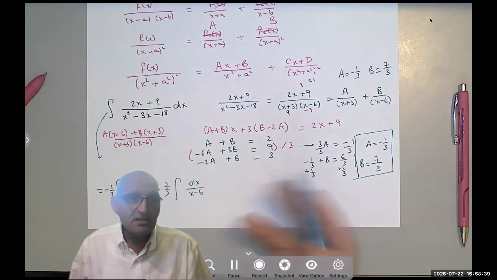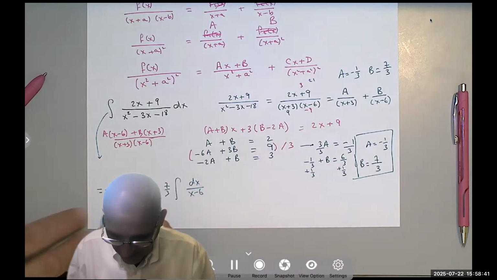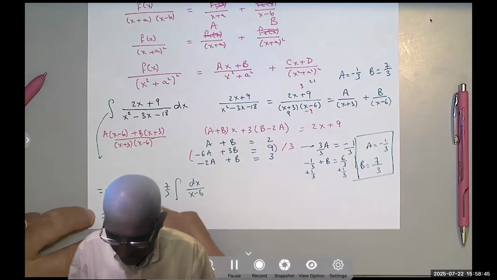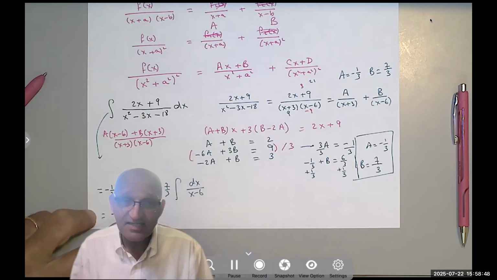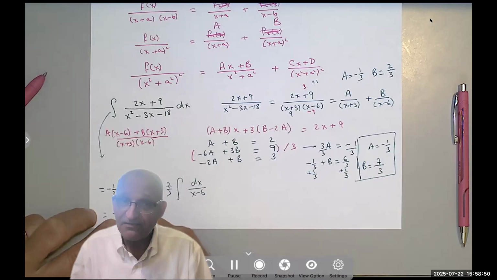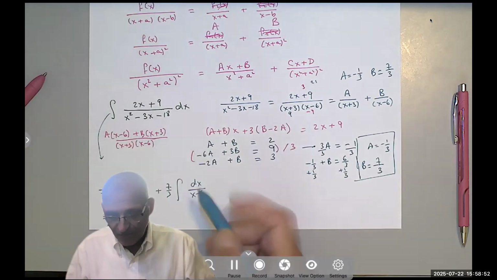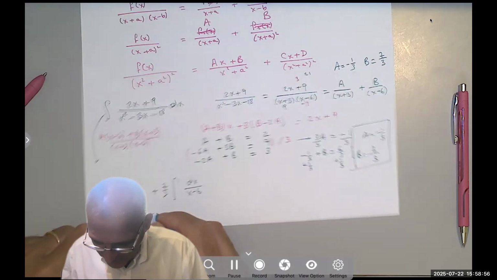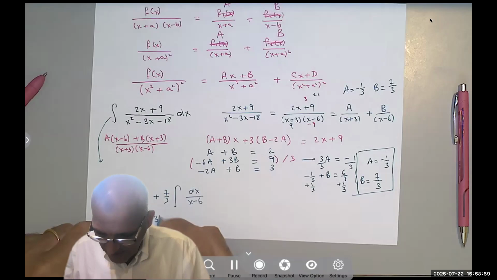The integral of that is the natural log of the base, so you get -1/3 natural log of the absolute value. Notice if x is -3 or less, this will not work, so you have to take the absolute value of x plus 3.